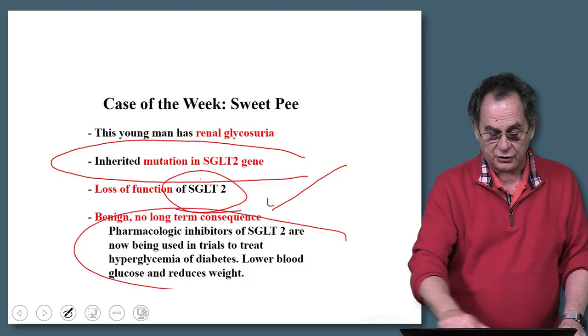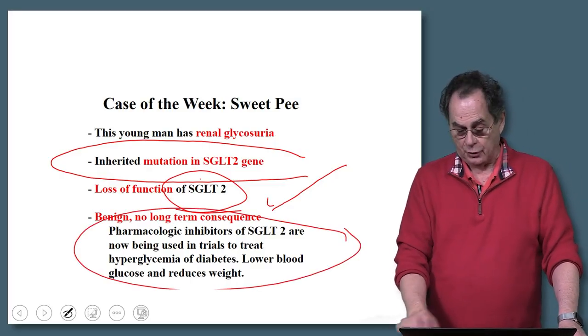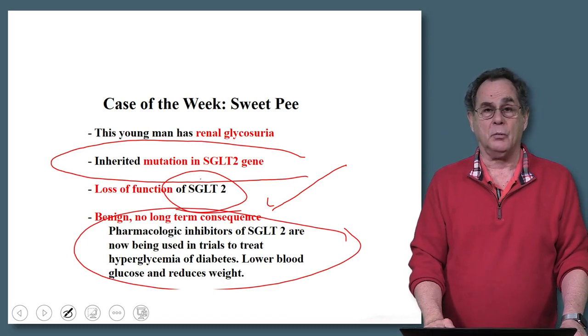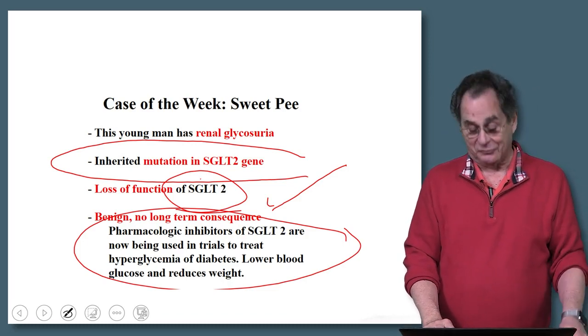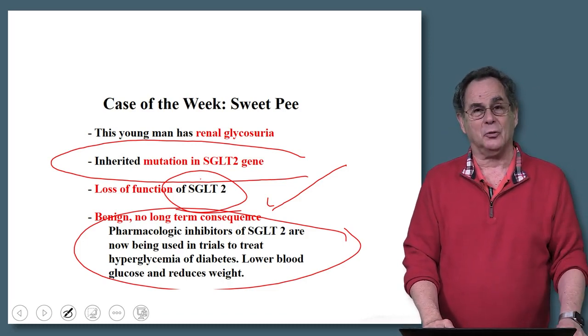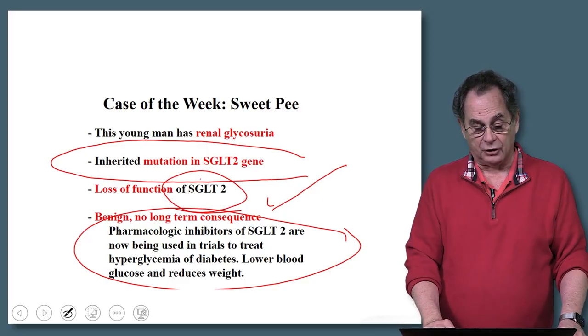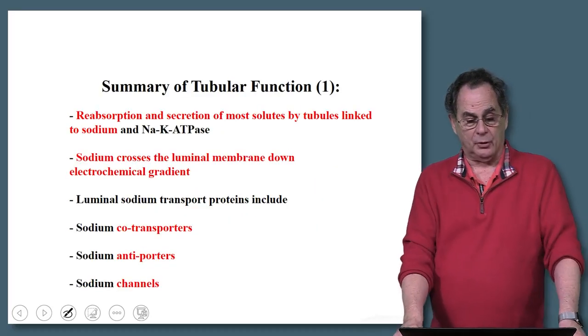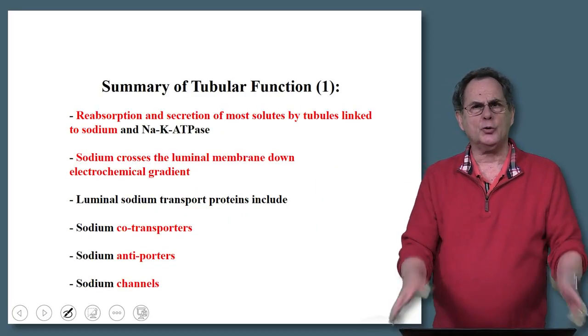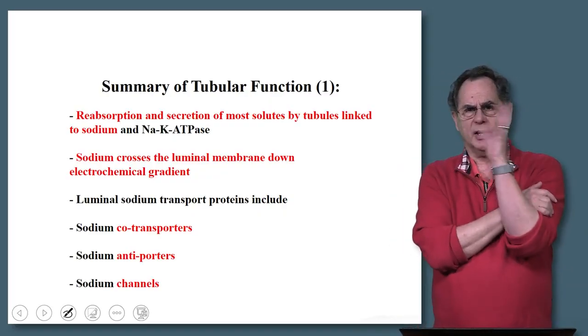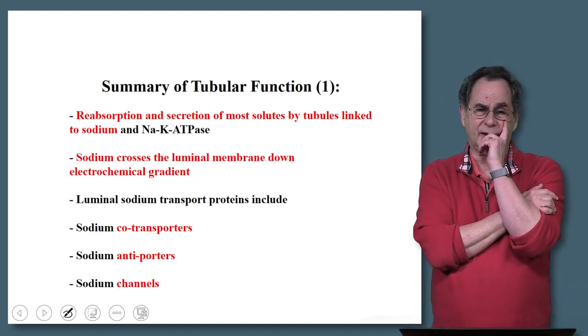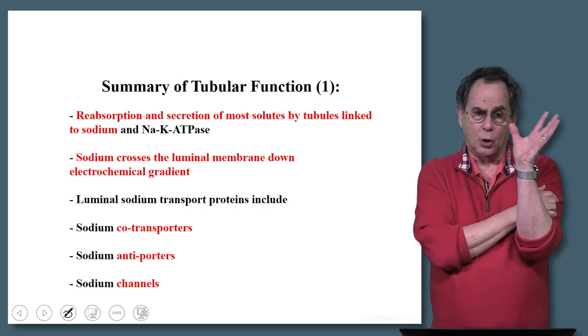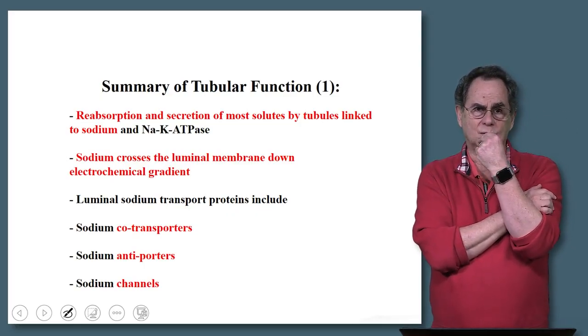And as I was mentioning, inhibitors of these drugs are now being found to have a number of beneficial effects, although they interfere with normal renal physiology. So, summary. Reabsorption and secretion of most solutes by tubules is linked to sodium-potassium ATPase, that integral membrane protein we talked about in Lecture 1.